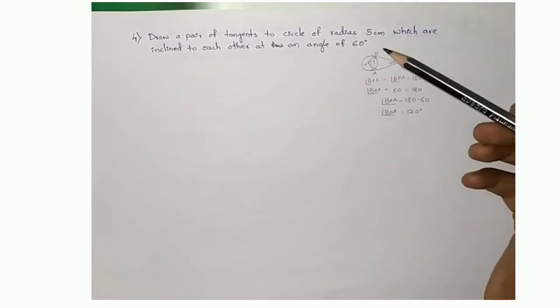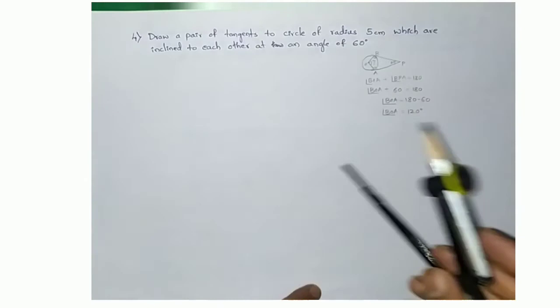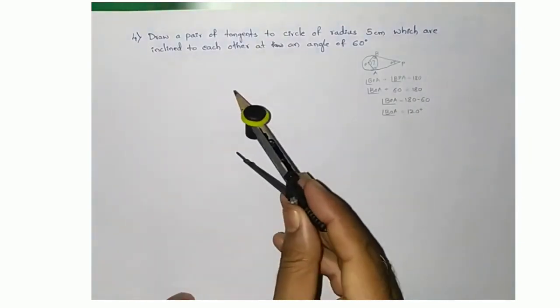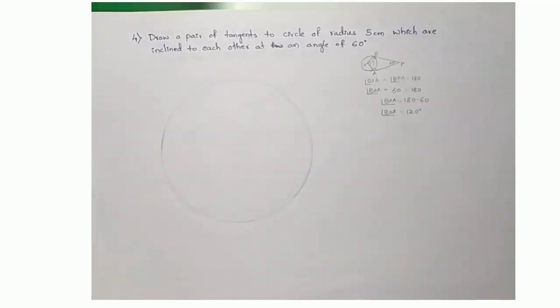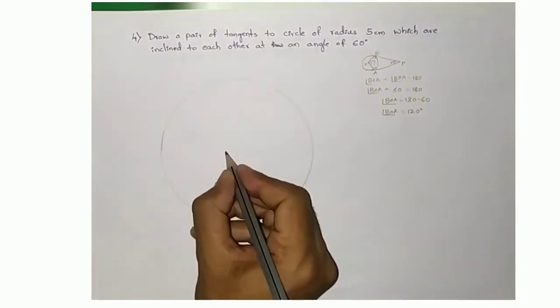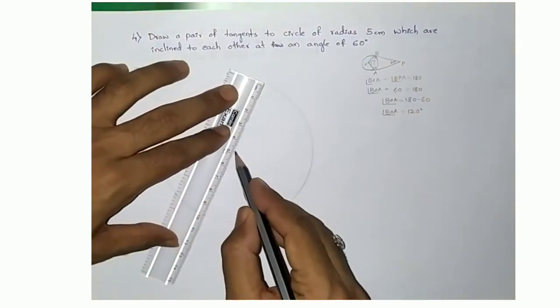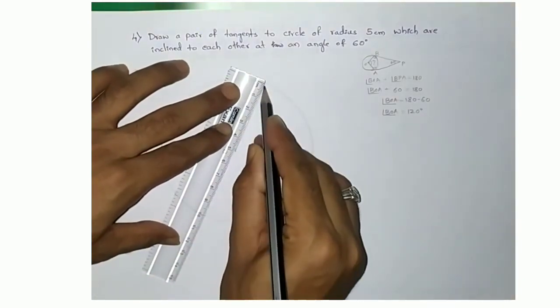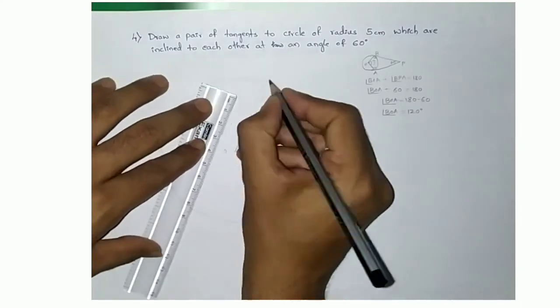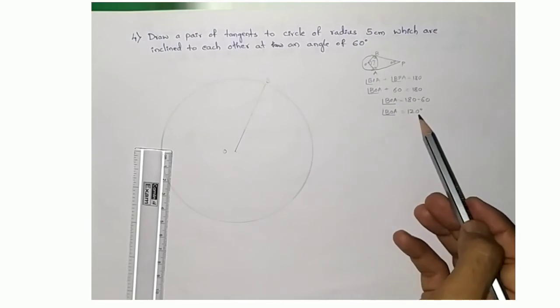So first start with radius 5 cm. Draw the 5 cm circle. Okay, now first draw a radius, any one radius with the center O. So I will take one radius, let's name it as B. Okay, so here what angle are we getting? 120 degree.